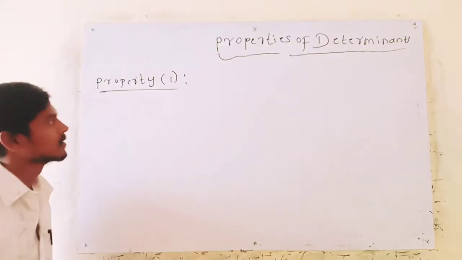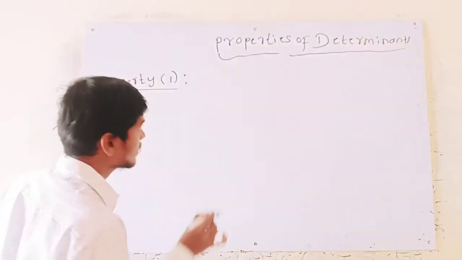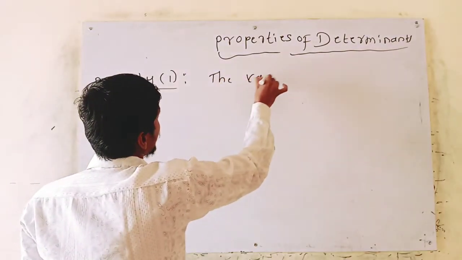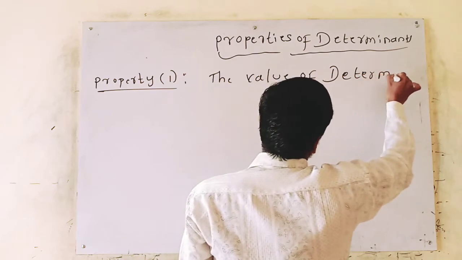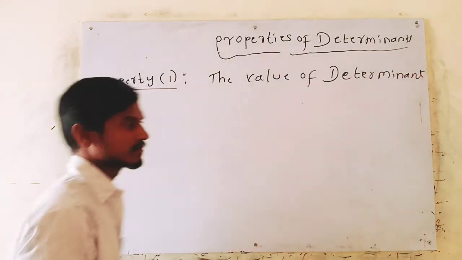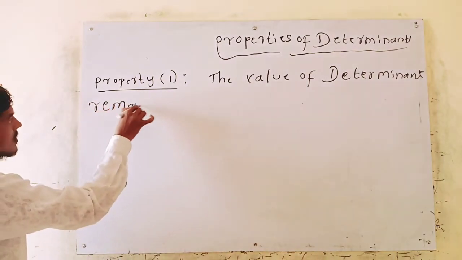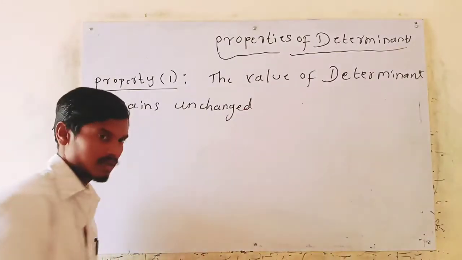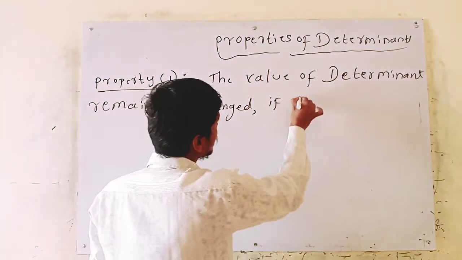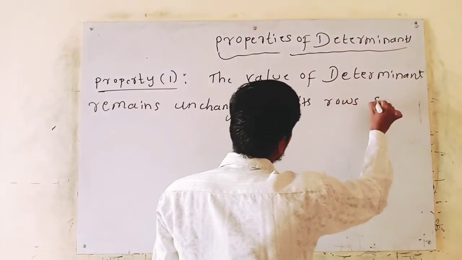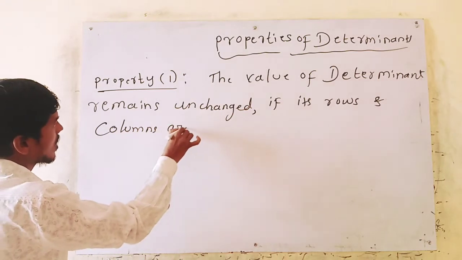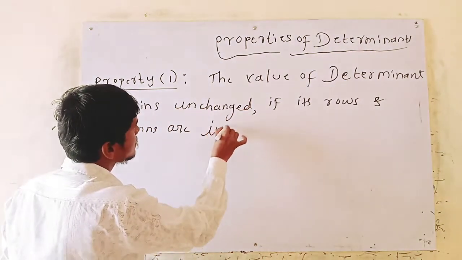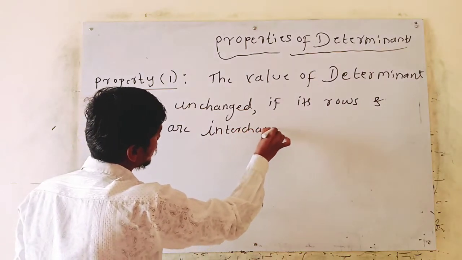Statement: the value of a determinant remains unchanged if its rows and columns are interchanged.